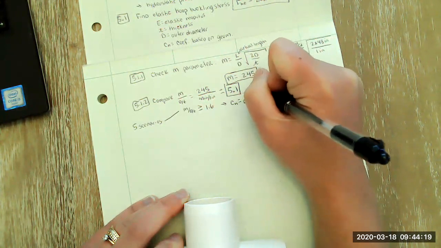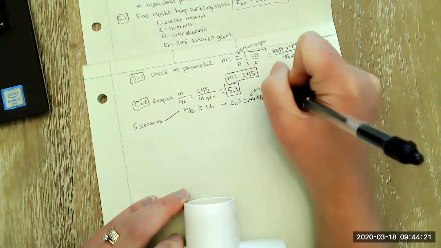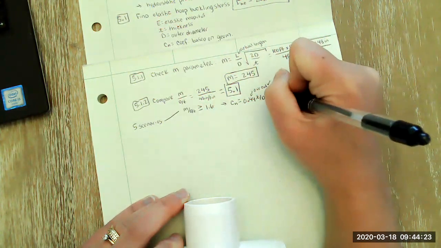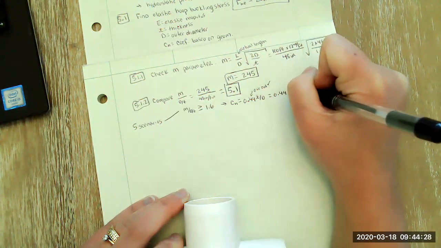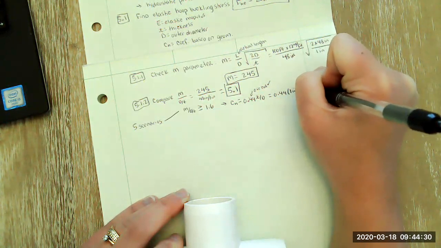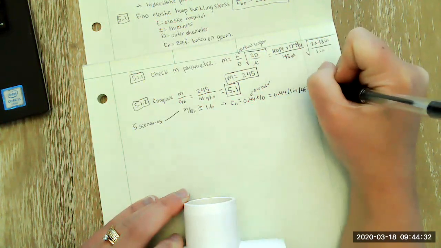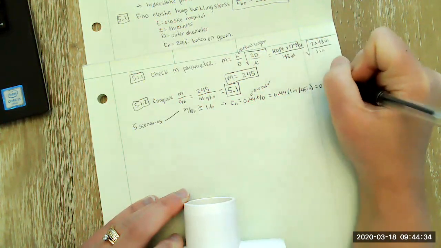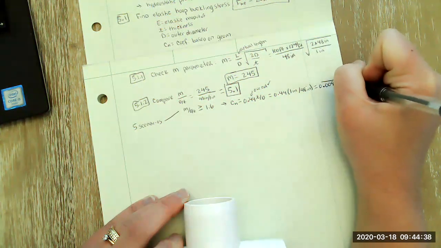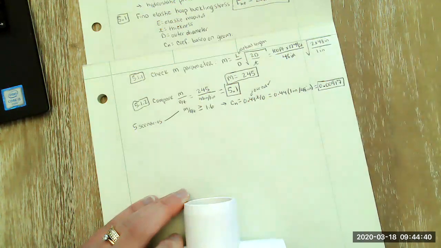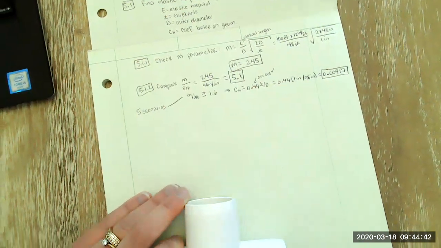Since this is our column, we can plug in numbers here. So we have 0.44 times 1 inch over 48 inches, which gives us 0.00917 is going to be our value for c sub h.